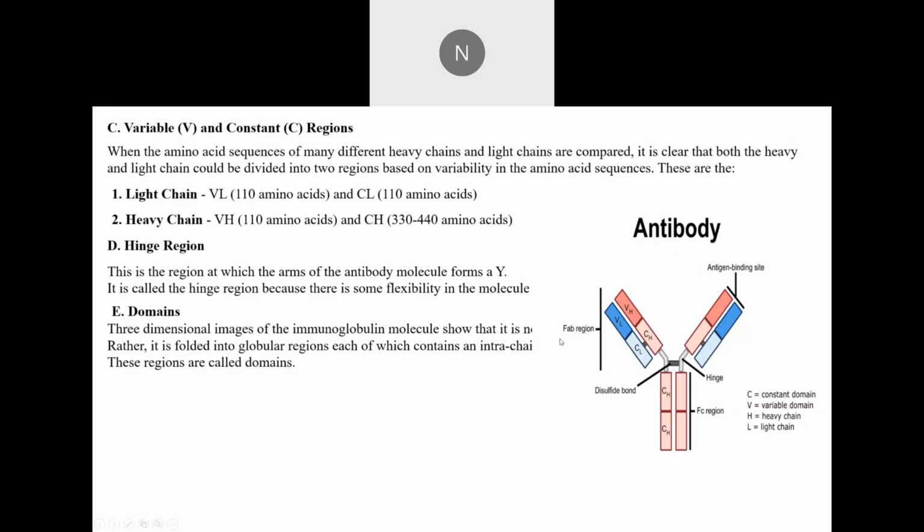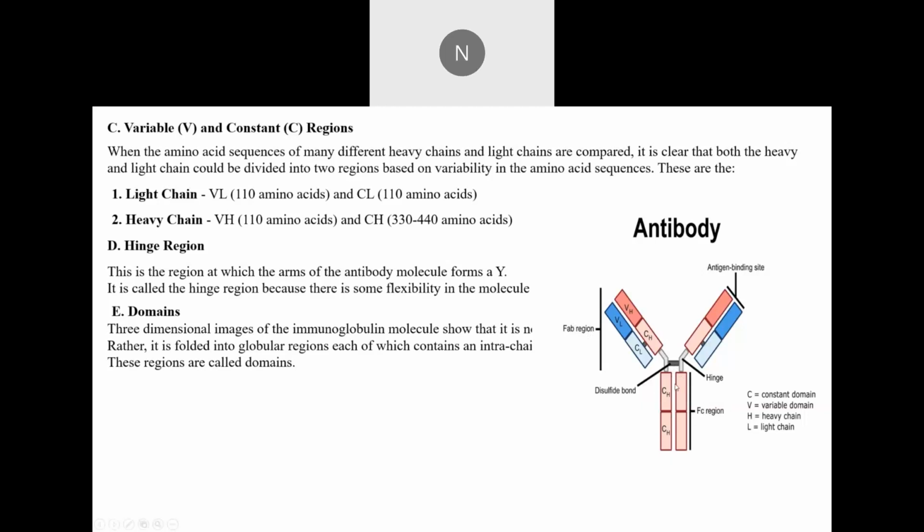And this FAB is the fragment for antigen binding, so it is called the FAB region, and this is called the constant or crystallization region. It is called FC because it is the fragment that can be crystallized, which is made up of the heavy chain bottom portion.